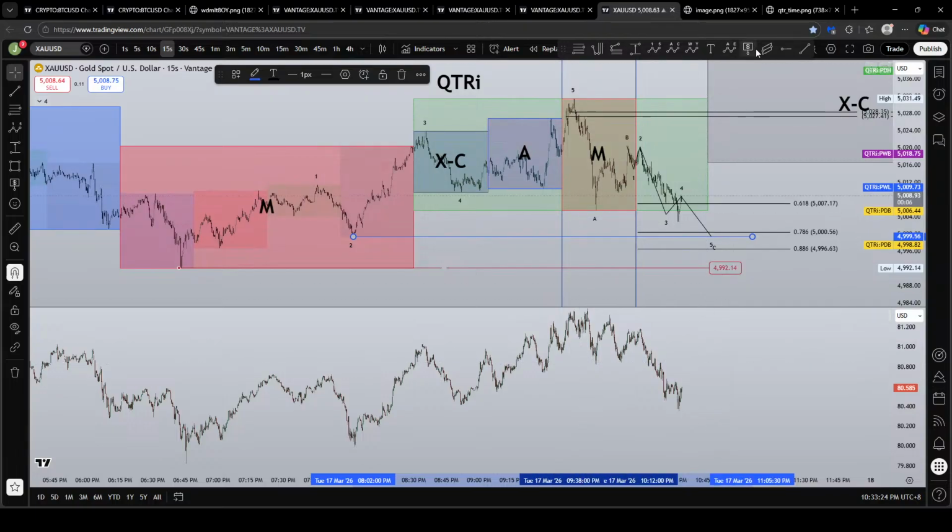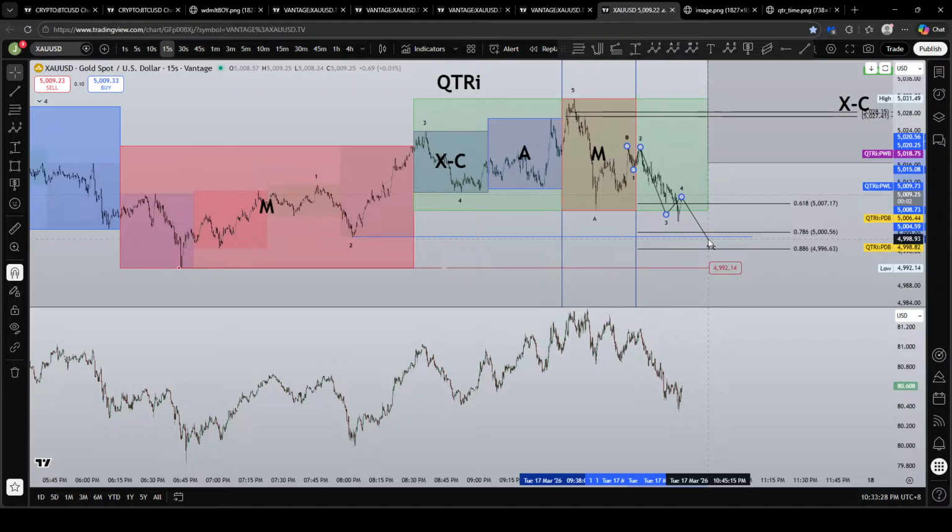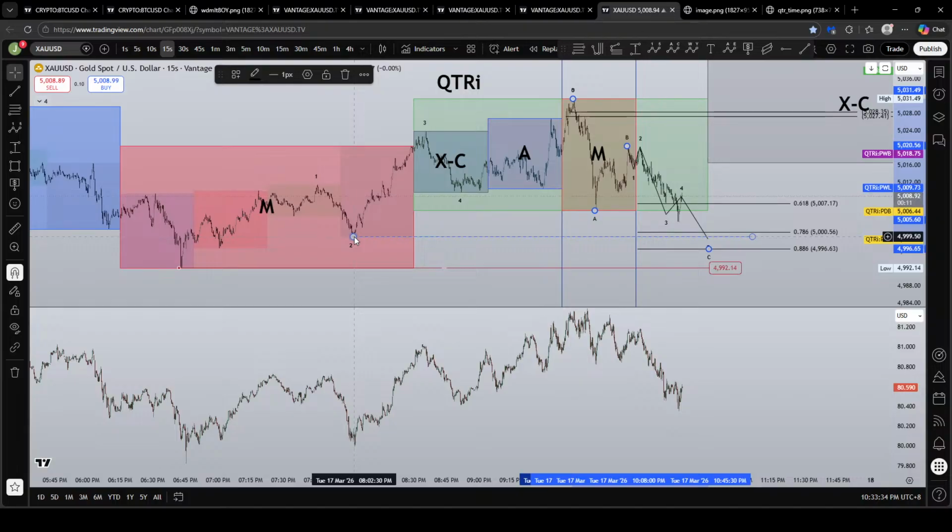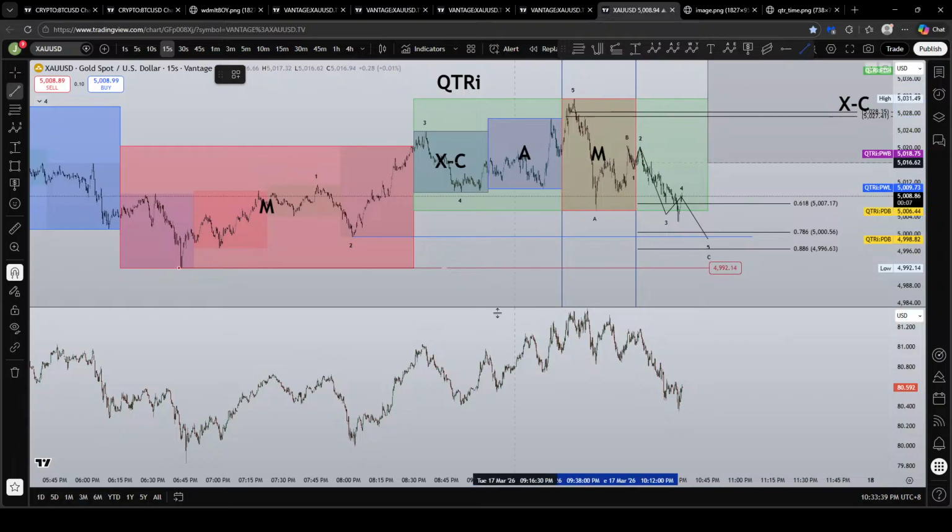Why? Because if we take this low, that means sweeping this pivot low of the gold, and aligned to this will be this pivot low of the silver.